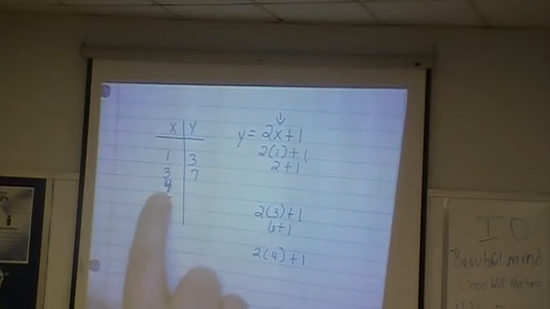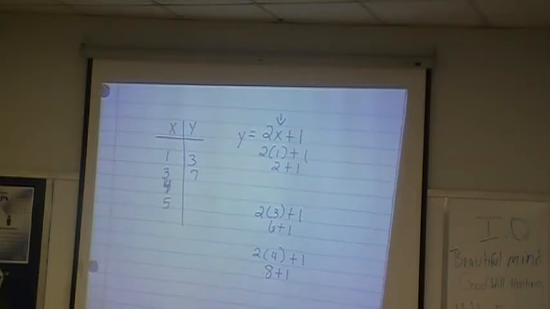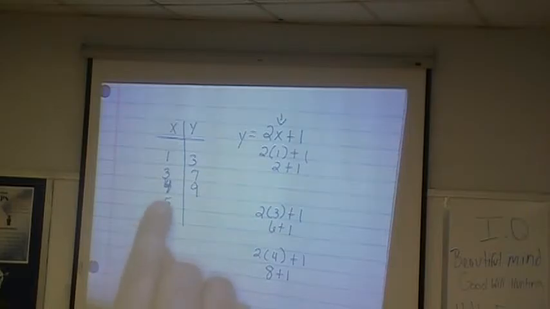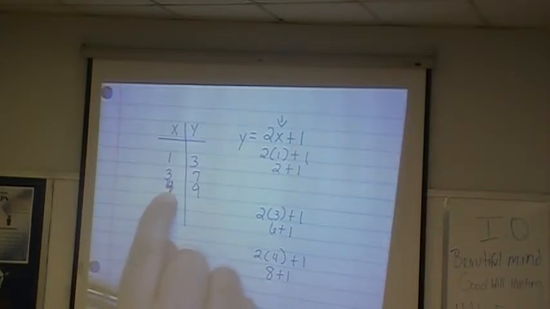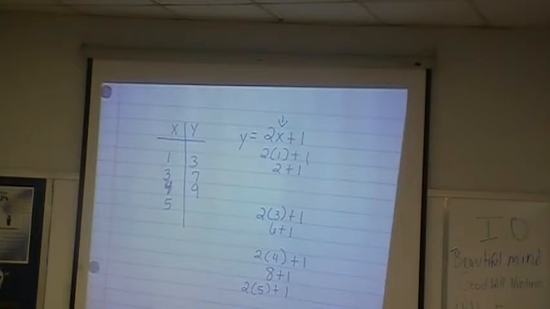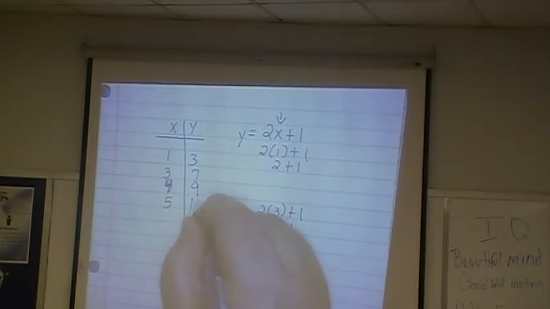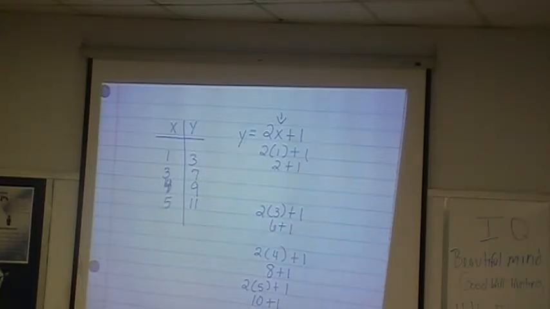So I'm going to put 4 where the x is, and I say 2 times 4, which is what? 8. And 8 plus 1 is 9. So when x is 4, y is 9. Then it says, okay, if x is 5, what's y? Well, 2 times x is 10 plus 1 is 11. Okay?